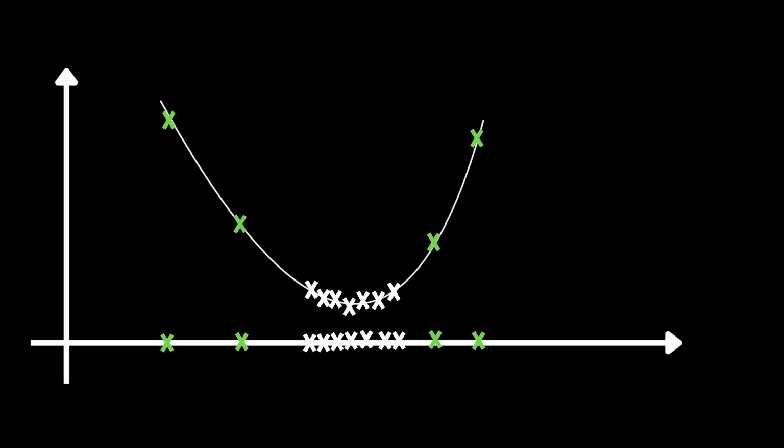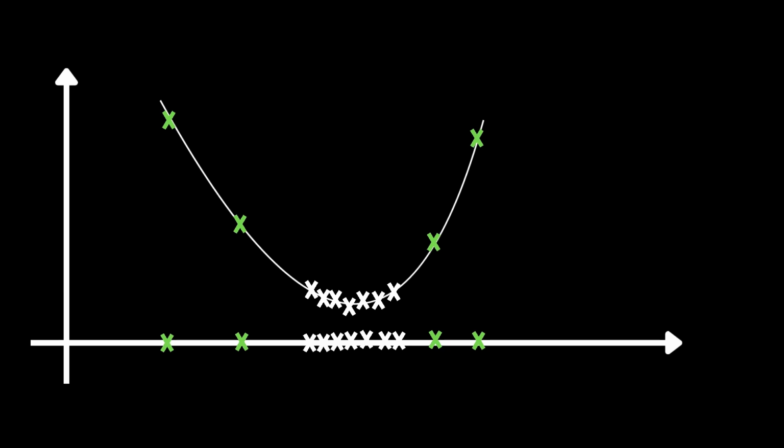As you can see, the green mark is the stage where the learning rate is high, and the white mark is where the learning rate is low. And if the learning rate is just right, you will reach the minimum shortly and quickly.